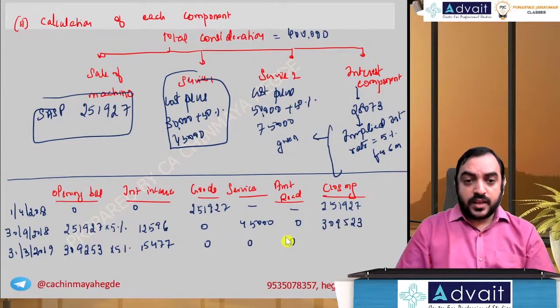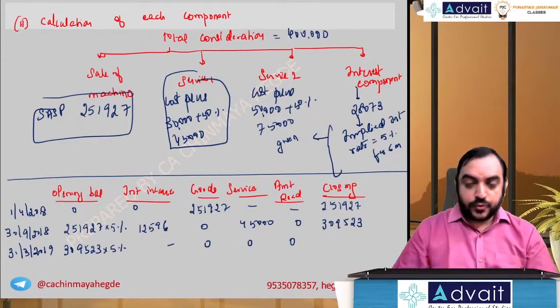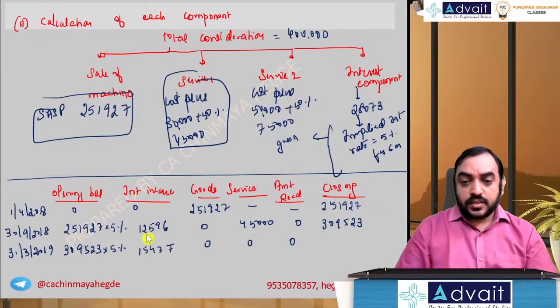Amount received nothing. Sorry, I always have this problem with the number; 309,523 into 5% is 15,477, and 309,523 plus 15,477 gives 3,25,000.